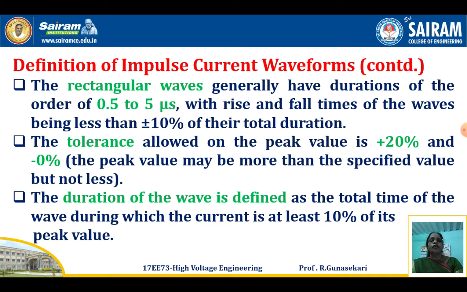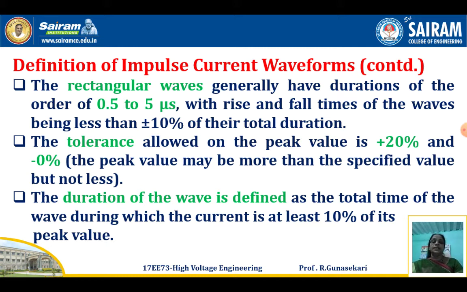The rise and fall times of the wave should be less than plus or minus 10% of the total duration. For example, if the total duration is T microseconds, the rise and fall time should be less than 10% of it.